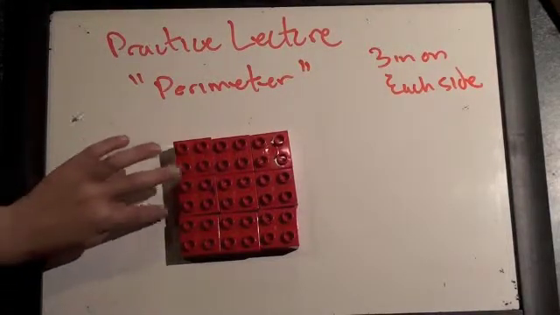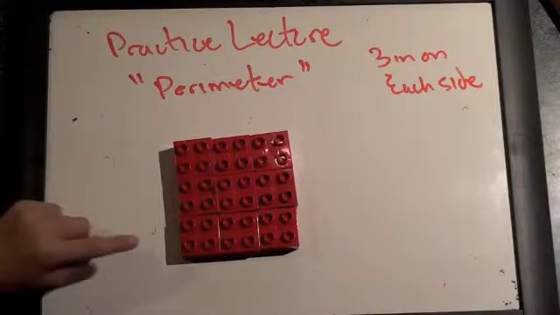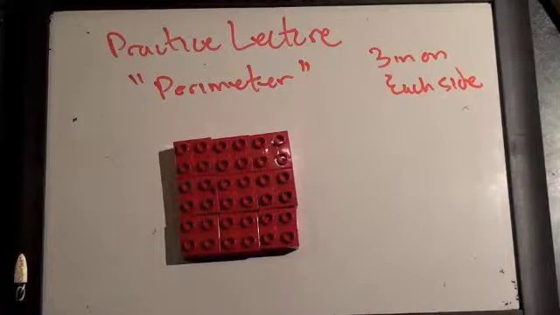So how do we figure out what the perimeter of the big square is? You've got to figure out how many little squares make it up. Well, when you're trying to figure out what the perimeter is, what are you trying to actually figure out? How long it is all the way around the outside. Okay, so you know each little square is 3 inches on each side.